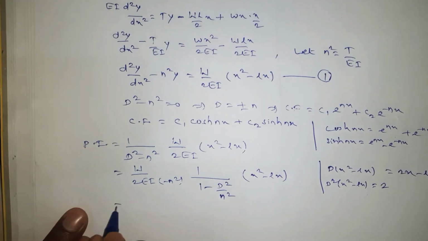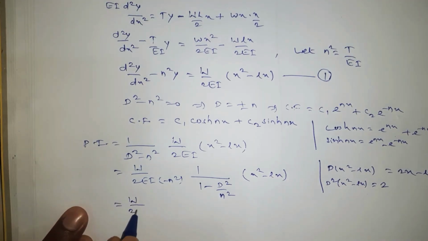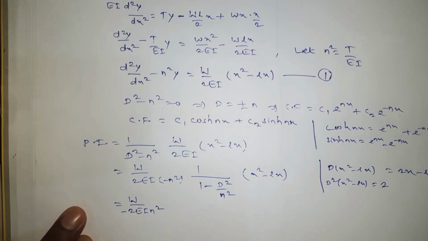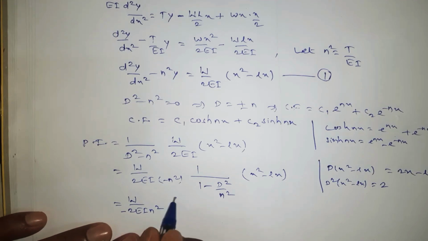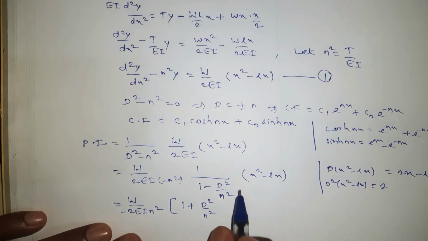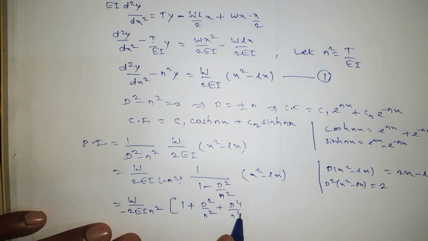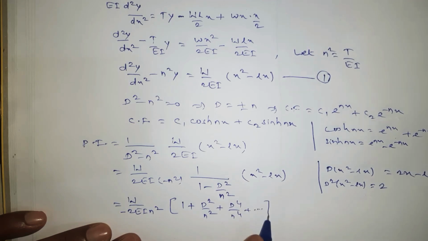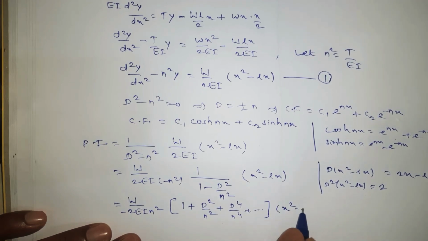So here w upon 2EI times minus 1 upon n square, and I can write 1 upon 1 minus z as 1 plus D square upon n square plus D raised to 4 upon n raised to 4 plus dot dot dot, applied on x square minus lx.